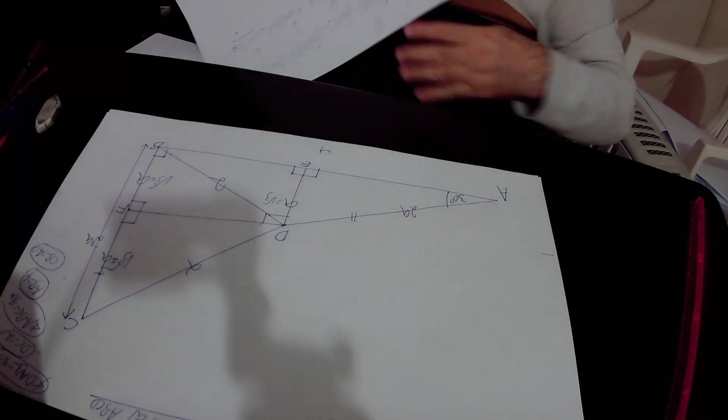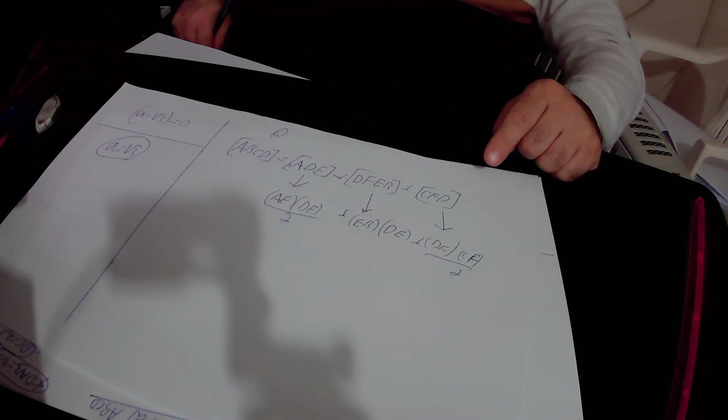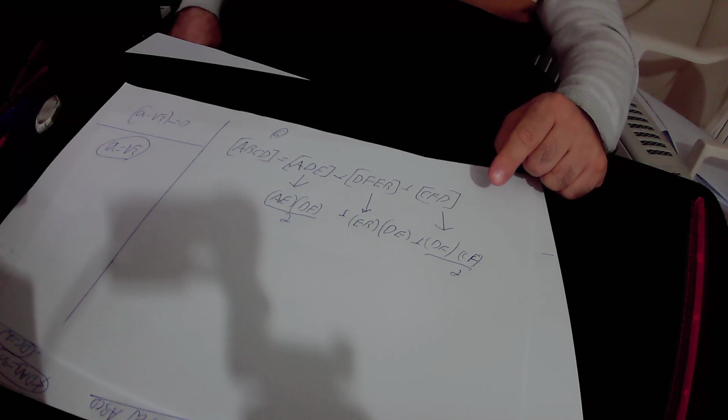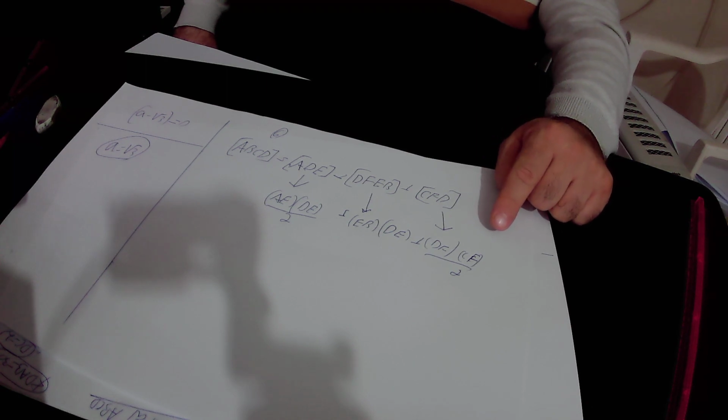Again, the area of the right triangle CFD equals the base DF times the height CF over 2.